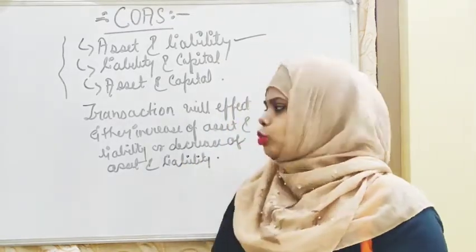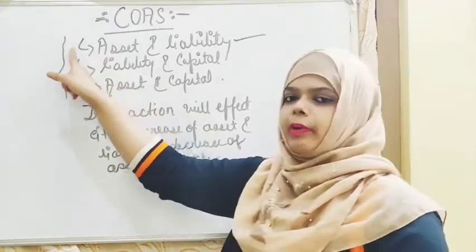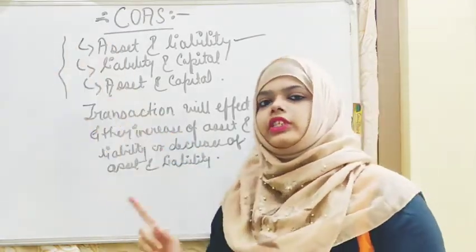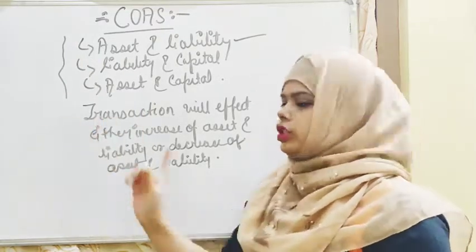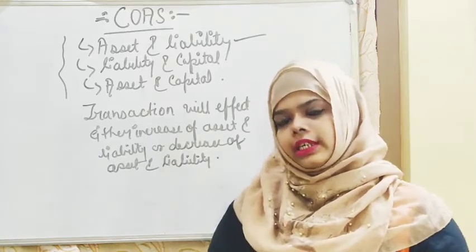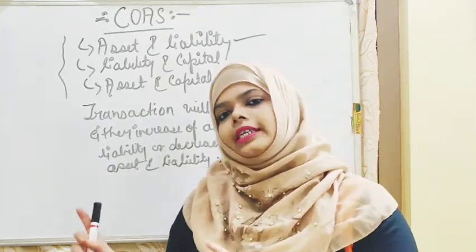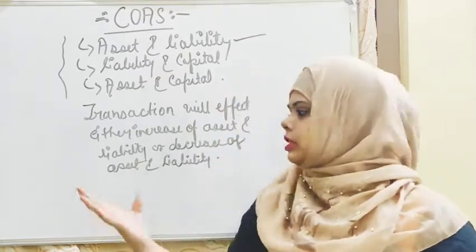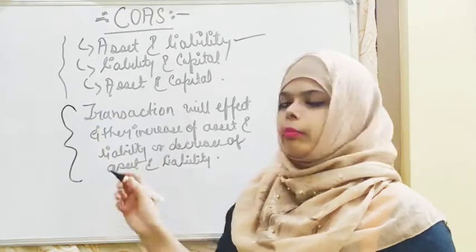So these are the two transactions which have an effect in the first part of transactions affecting two elements. That is, a transaction will either increase both asset and liability or decrease both asset and liability. This is the main sentence to remember.